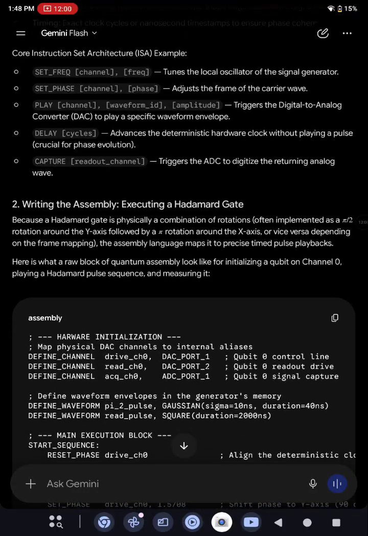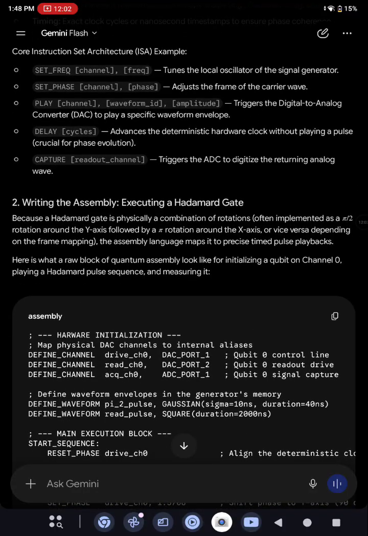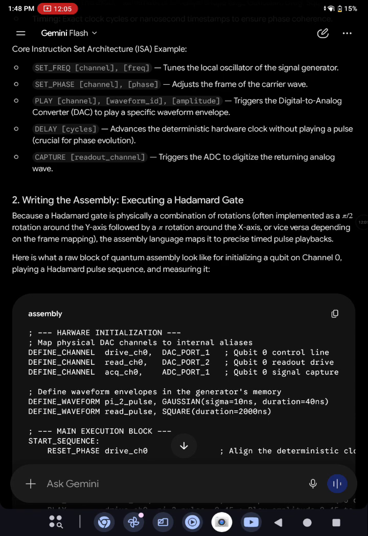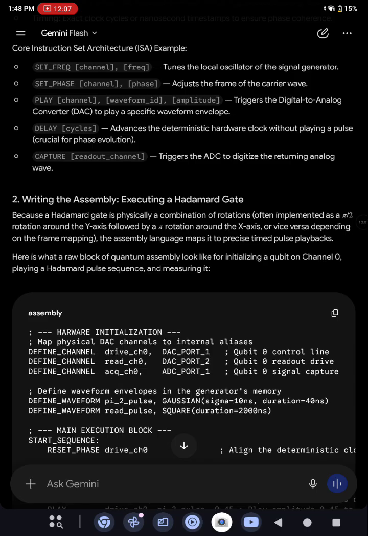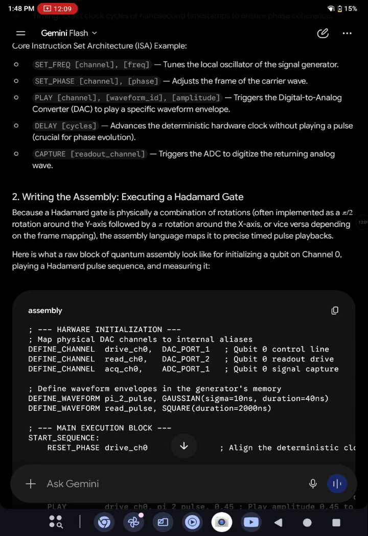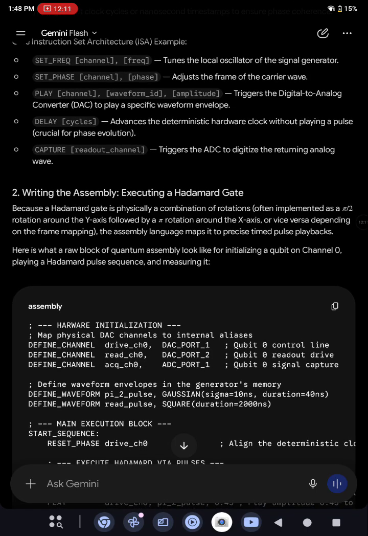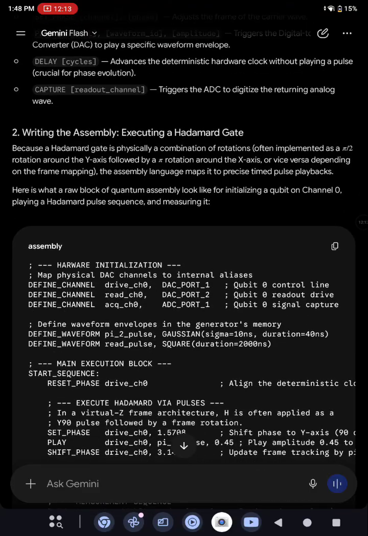So we can set core instruction set architecture as set frequencies, set phase, play, delay, and capture.